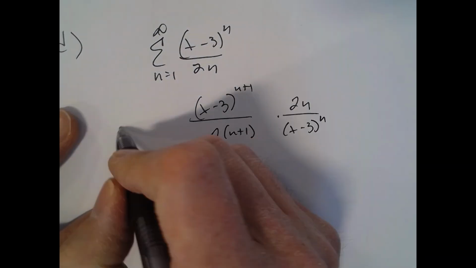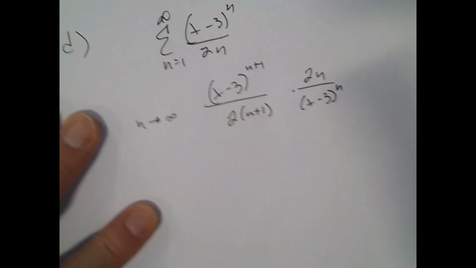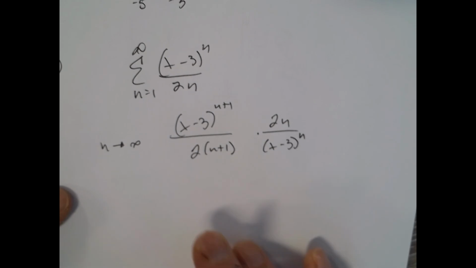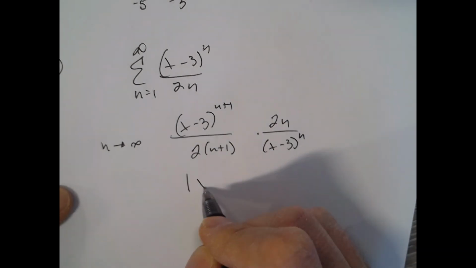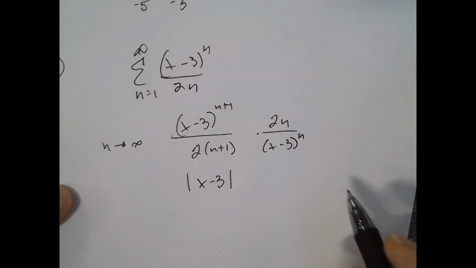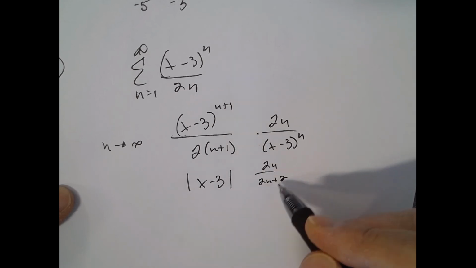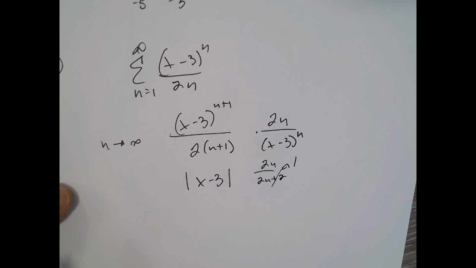Remember, n is going to infinity. And the x's actually have an absolute value, but it's going to be x minus 3, and then 2n over 2n plus 2. This just goes to 1, so it disappears.